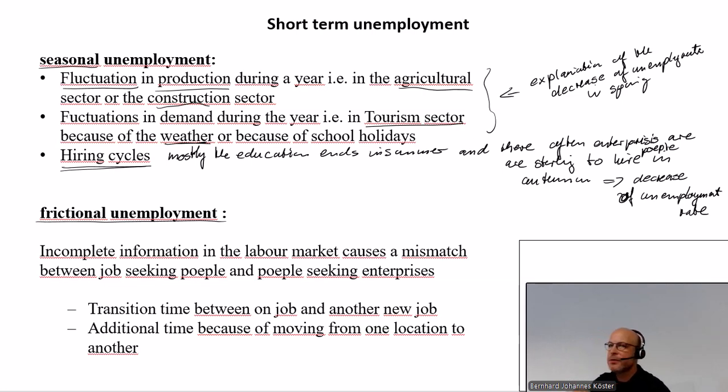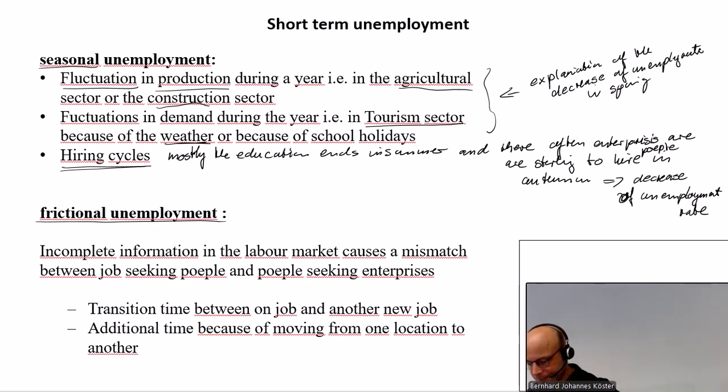And then there could be the situation that you as a well-educated person, with your competences and skills, match 100% with some enterprise that is seeking, but you don't know of each other because of an asymmetry in information, because it takes some time until you really find each other. And therefore maybe you are looking for some weeks, 2, 3, 4 months for a job until you have a match.